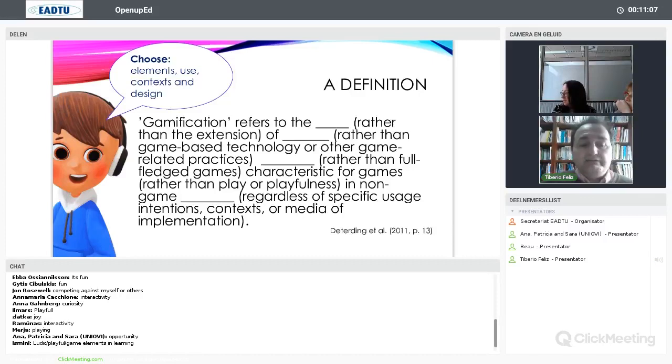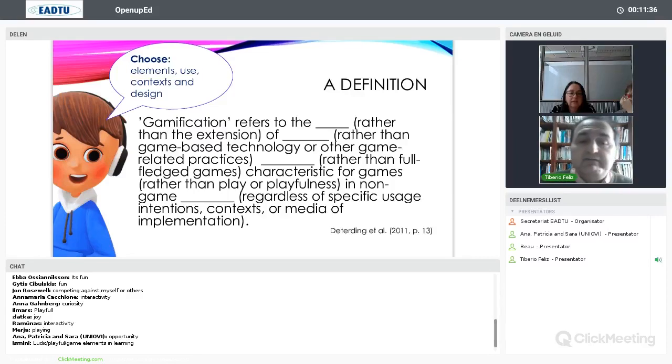As we have done before, I'm asking you to write for each blank which word you suggest. So you can read the definition. Gamification refers to the use of something, rather than the extension of something, rather than game-based technology or other game-related practices.